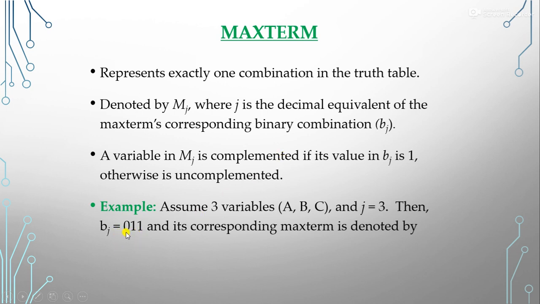So it becomes a plus b dash plus c dash. So 0, 1, 1 in max term is represented by a plus b dash plus c dash. We use the sum term, right? Because we are calculating the max term. Now, is it clear what the min term and the max term are? Min terms use the product and max terms use the sum.